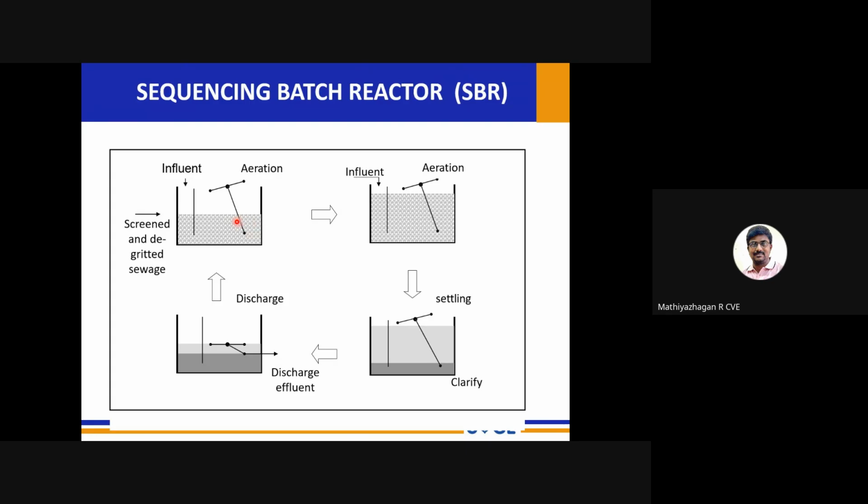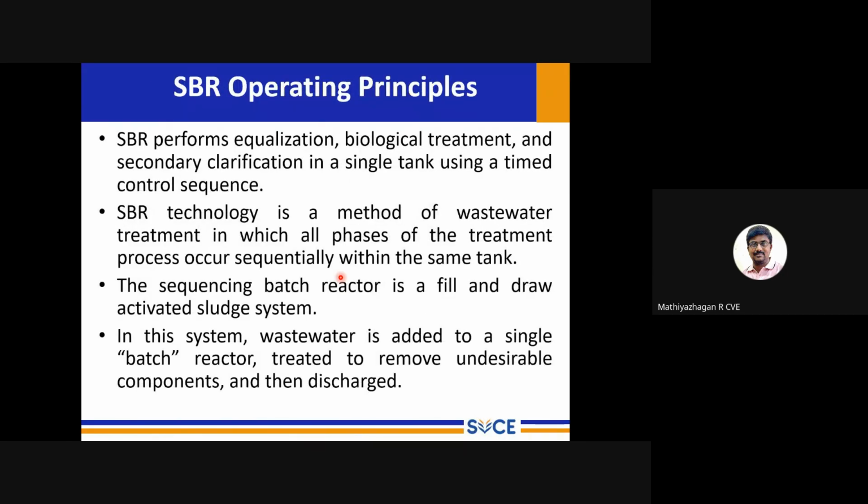Once the aeration period is over, we have to store the sewage to settle down all the sludge. Then the supernatant liquid water is removed and the sludge is removed separately. All these processes happen in a single tank. Therefore, it is a sequencing batch reactor.